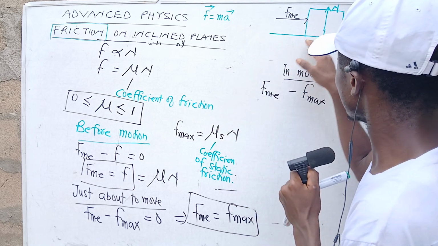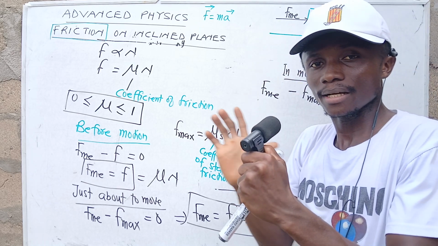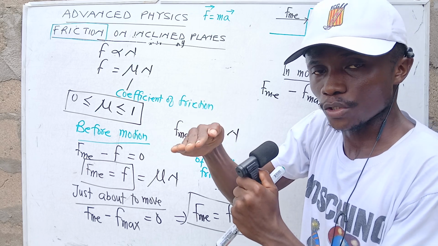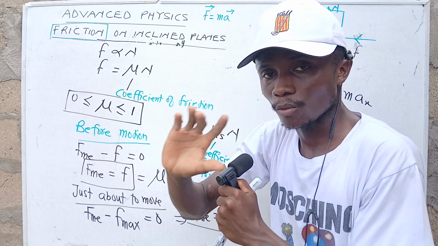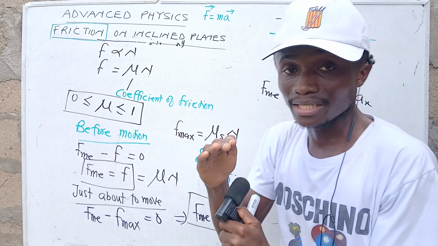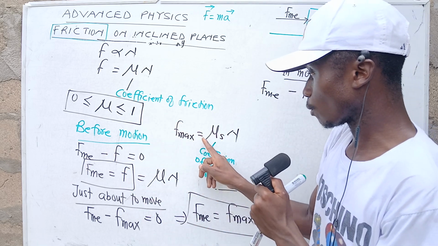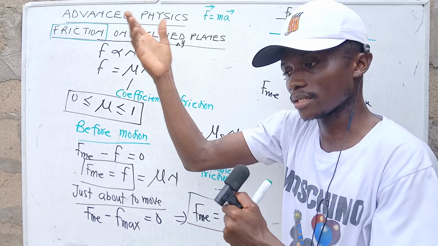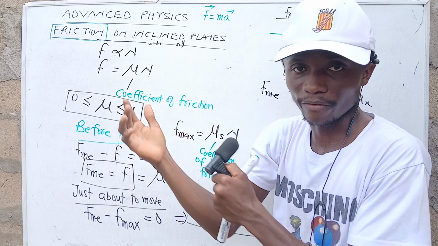That case is if the object starts moving, you need less force to overcome the frictional force. So what it means is when the object is yet to move, you have the coefficient of static friction to be high. It could be 0.5, 0.6, 0.7. Let's just say it is 0.5.